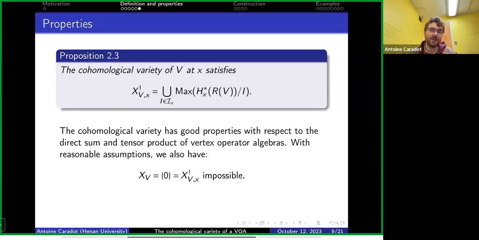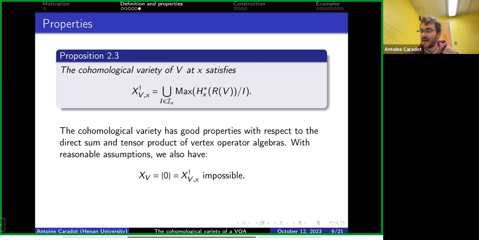Then we can check what the properties of this variety are. The two operations you can usually work with for vertex algebras are direct sum and tensor products, and this behaves well with respect to that. The direct sum becomes a union and the tensor product becomes the direct product.